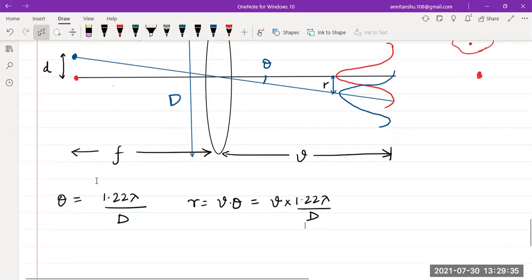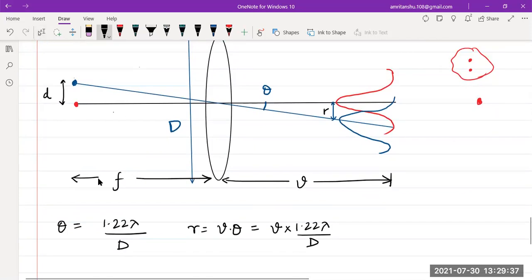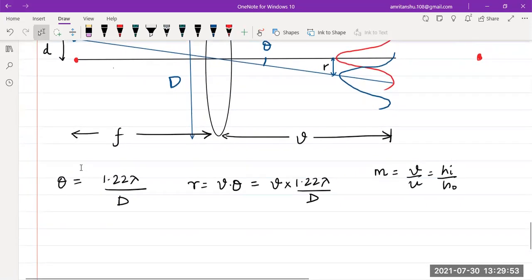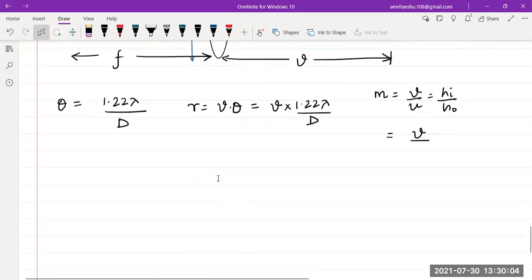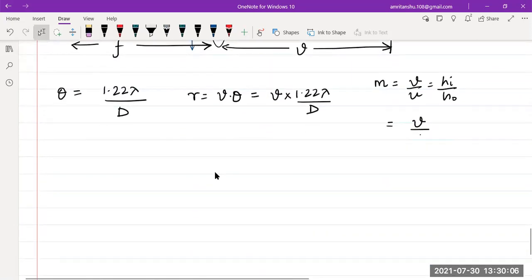Okay, and we have got this r, and we know the formula for magnification. The formula for magnification is v by u equals height of image to height of object. So let's put all these values in. v we'll keep as it is. Now u, if you see, is the focal length of this lens, so u is f.